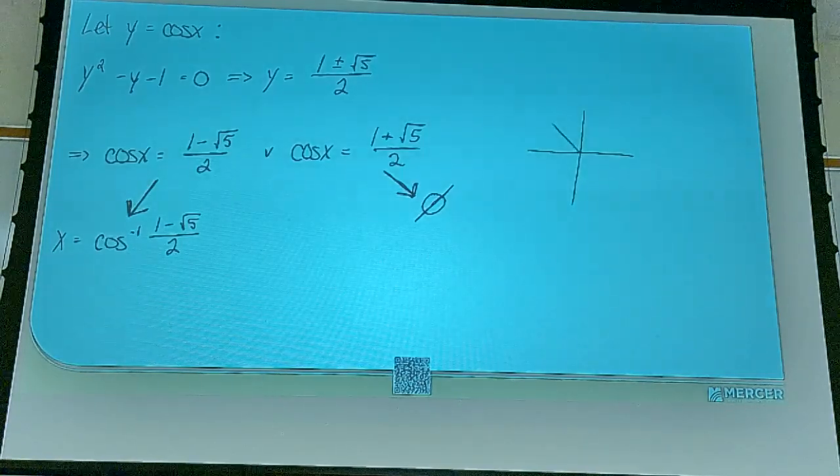Let's say that is our angle x. That is the inverse cosine, right? We want that angle, because that angle is also a solution.